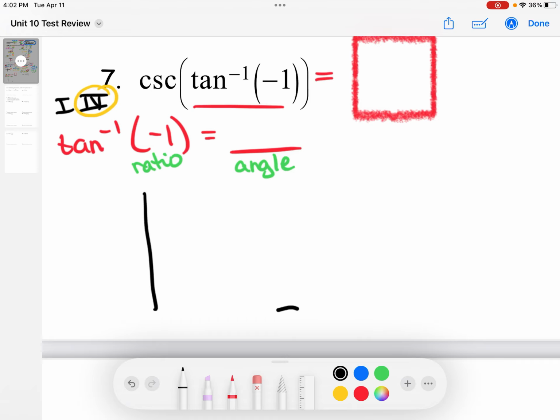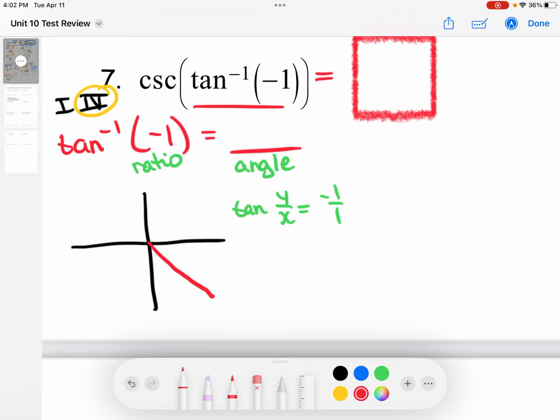So as we draw this, tangent is y over x being -1 over 1, meaning our legs here are congruent. So again, that gives us a 45, 45, 90 triangle in quadrant 4.